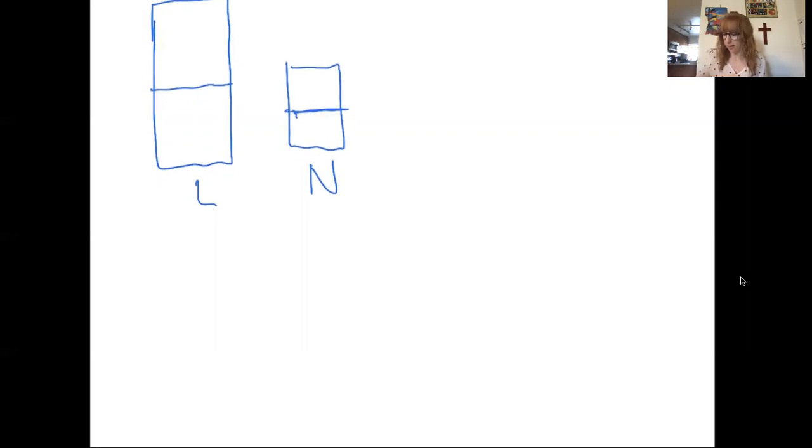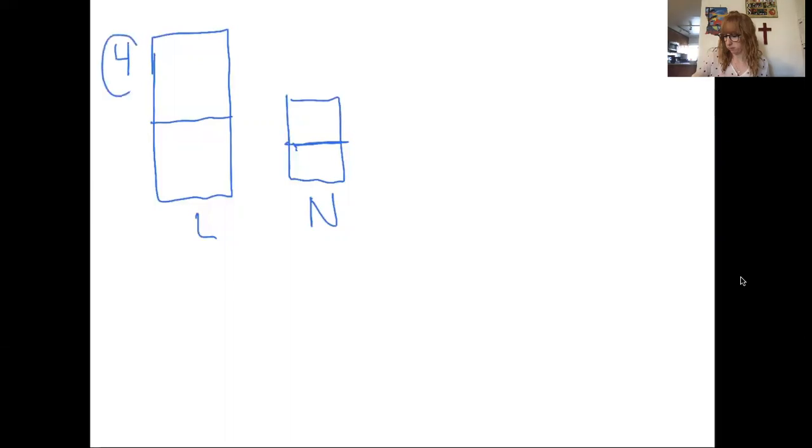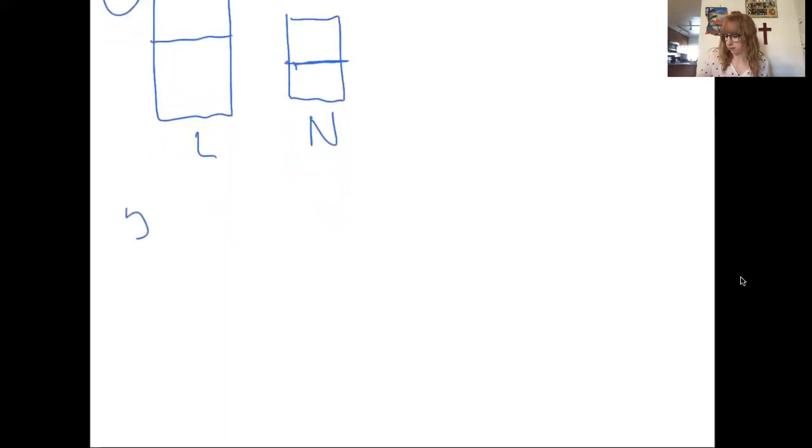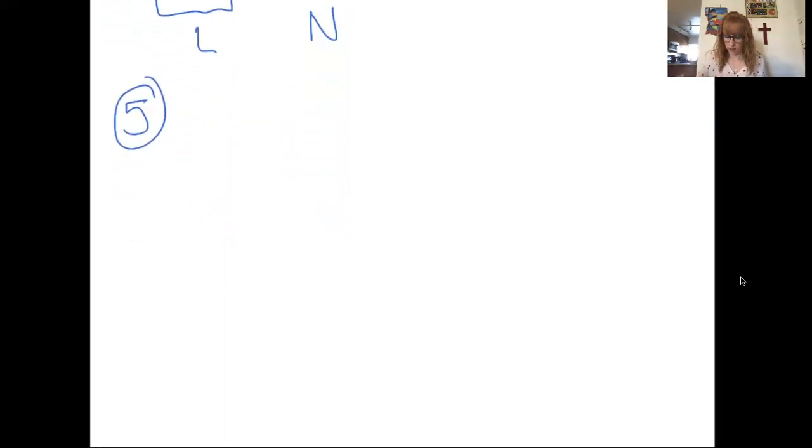So for number 5, when we're comparing two numbers, remember there's a rule. When we're comparing fractions and they have the same numerator, we need to look at the denominator. The rule is when the numerators are the same, we look at the denominator.